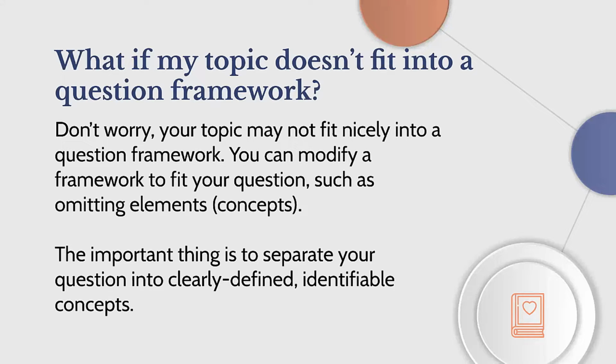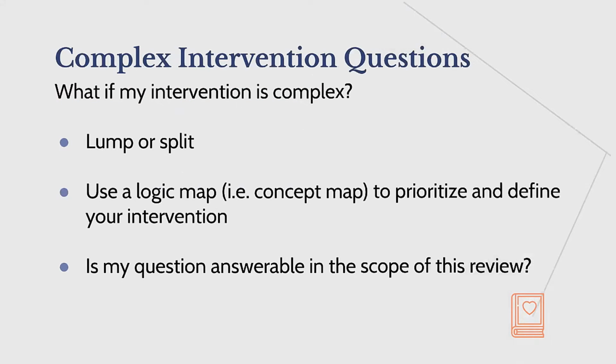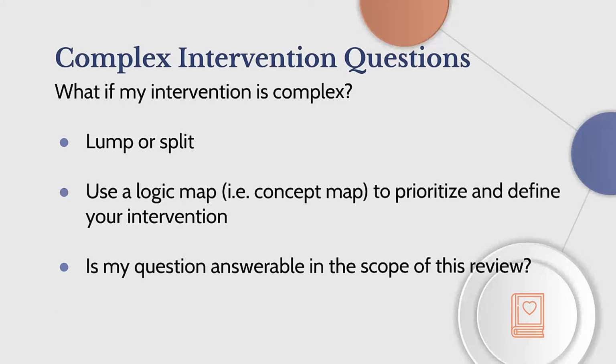And then also you might be thinking about, well, what if my intervention is complex? What if there are multiple components to my intervention? For example, if we're looking at patient education strategies for patients with type 2 diabetes, you might be considering a variety of different interventions, right?